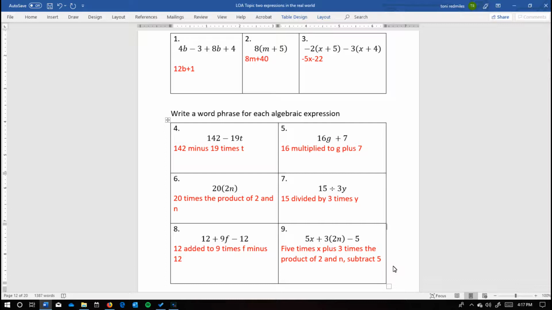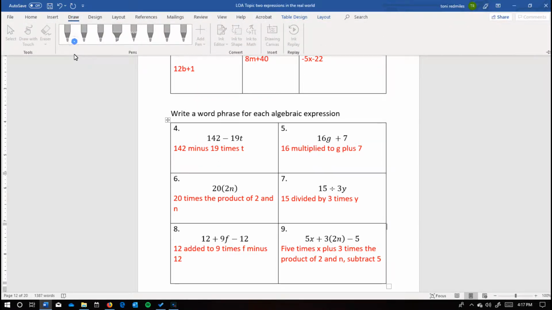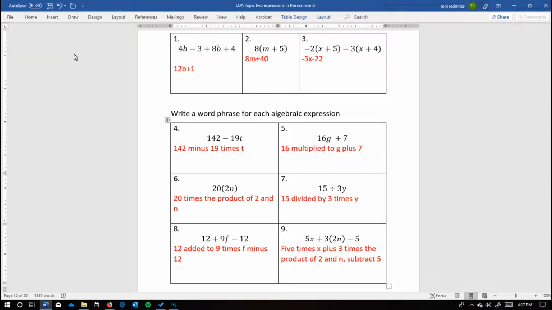So number one, we're combining the like terms. We have a 4. So in the first three, we're just combining those like terms. We've kind of done this over and over again.